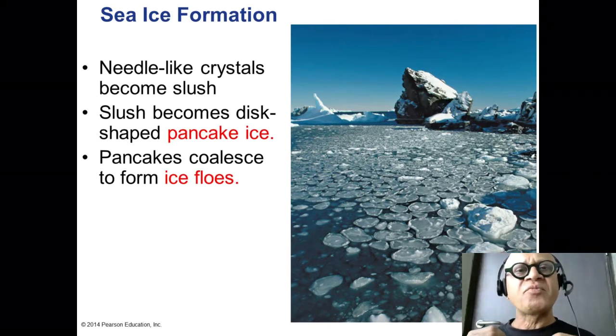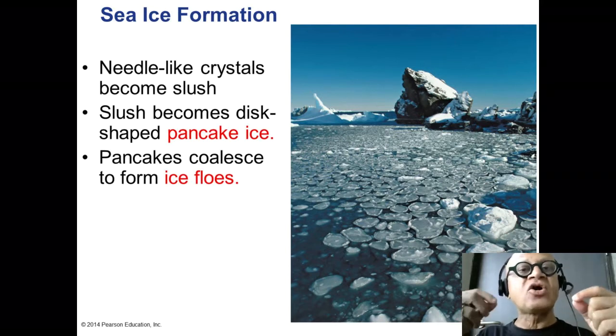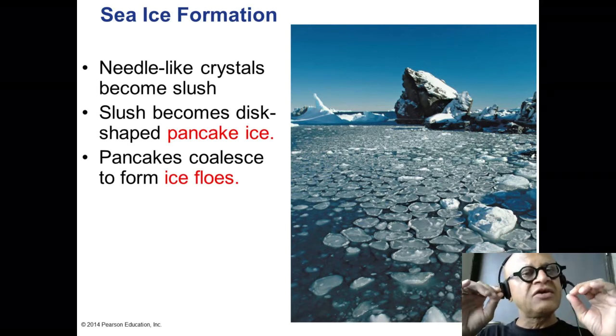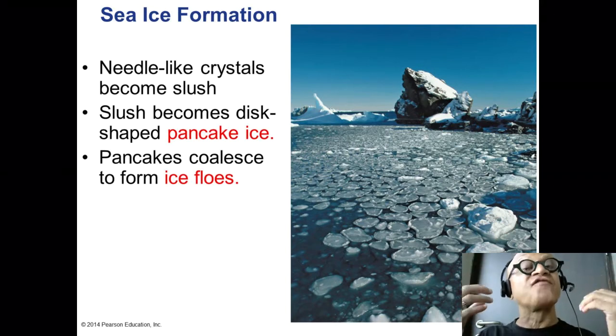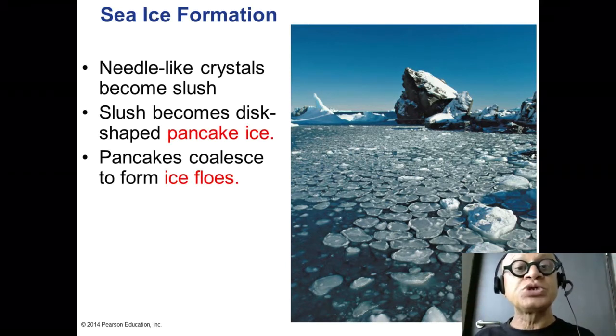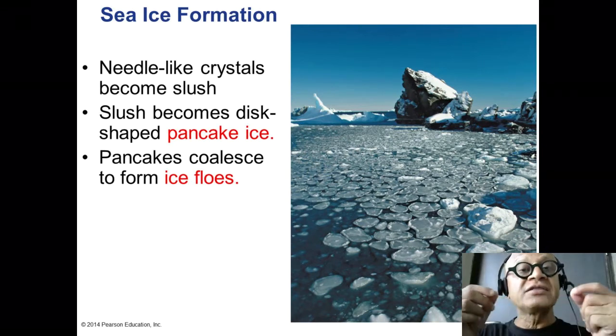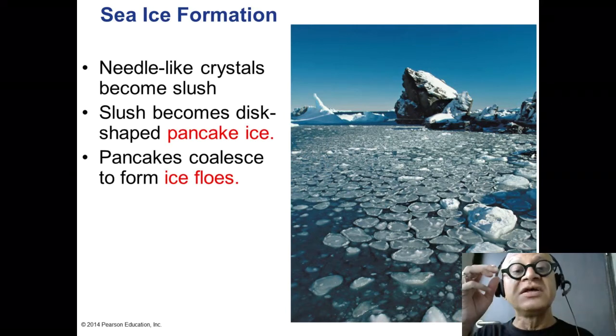So sea ice formation basically happens when the ocean is able to lose its heat content. If the ocean is in a liquid form, that means it is warm enough to be not frozen. So through air-sea interactions, cold atmosphere and winds can remove heat from the ocean and start the process of forming sea ice, where first needle-like frozen crystals form.